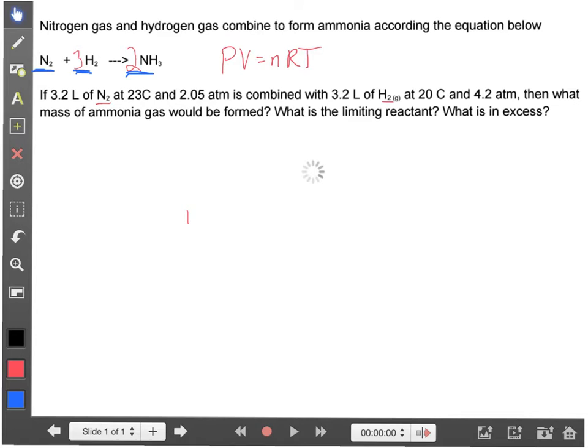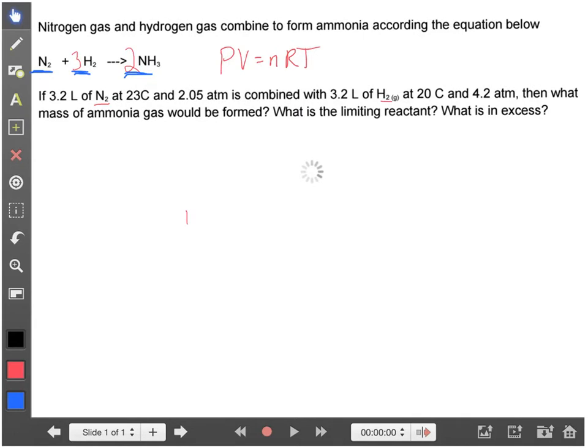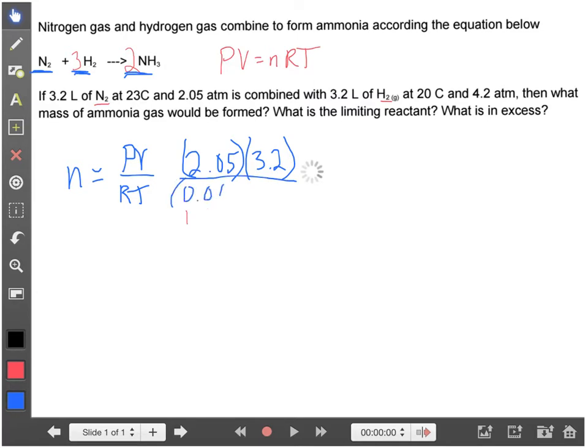So for the N2, I'm solving for moles, so it's going to be n equals PV divided by RT. My pressure is 2.05 ATM. It's already in ATM, so we're all set with that. My volume is 3.2 liters, and my R value is going to be 0.0821.